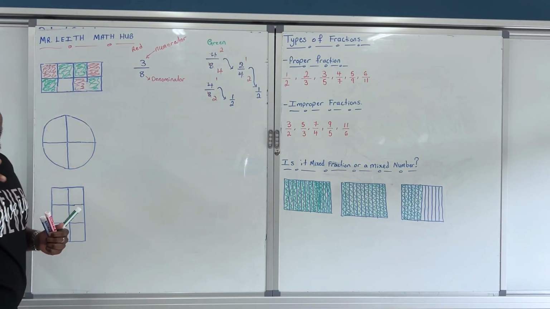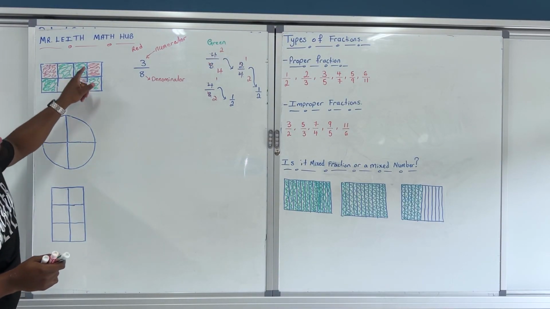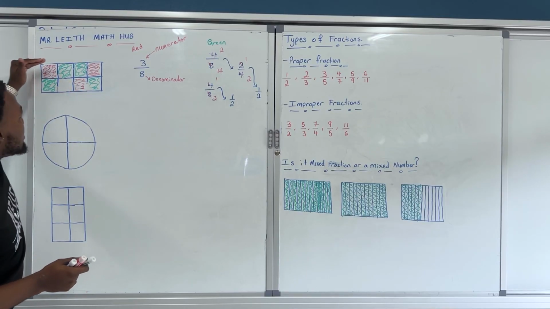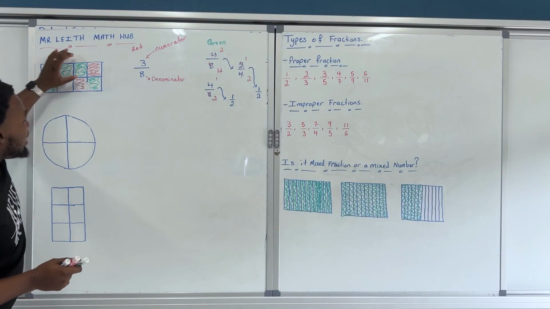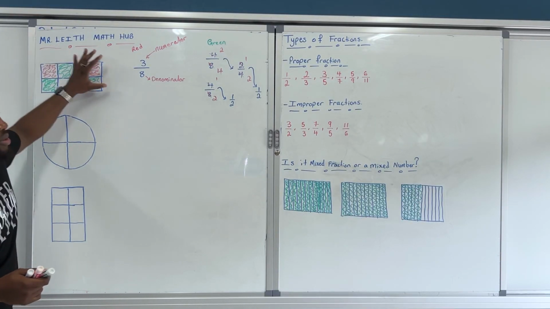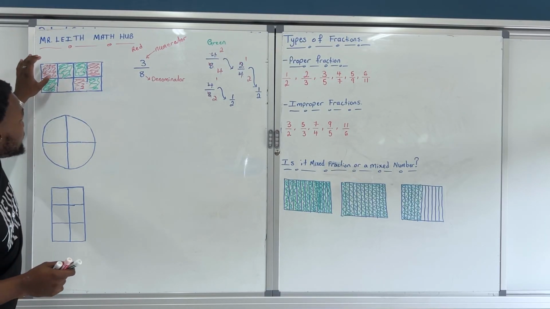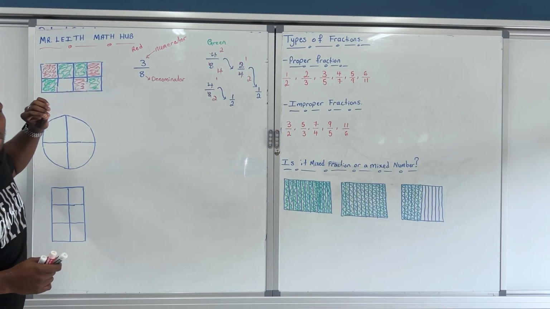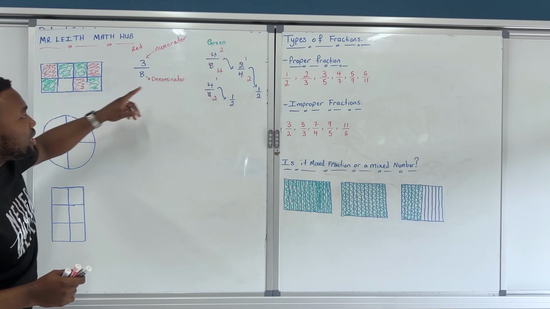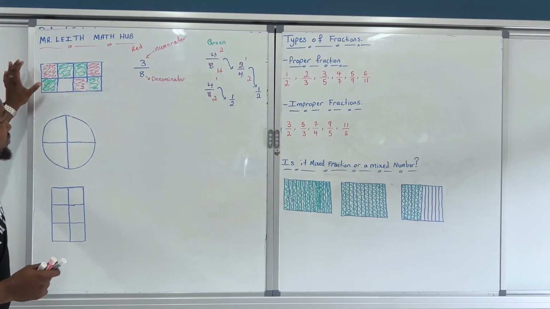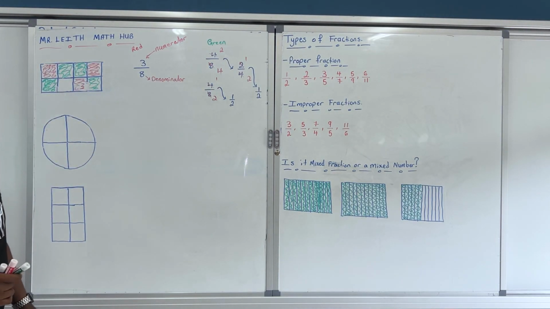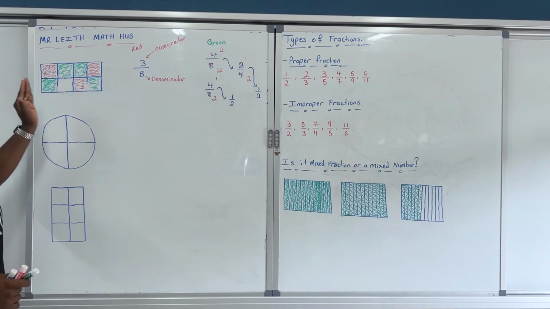Let's say she never ate a piece from everywhere, but she ate the entire top 4. This is basically half of the 8, half of the bread. So this 4 over 8 is half of the entire whole, because 4 is a half of 8.